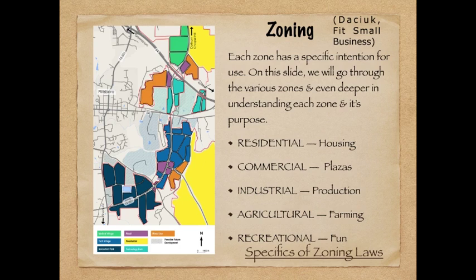And commercial is more along the lines of plazas where people come to seek out various things such as offices, shops, or places to purchase things. And then we've got industrial, which is the process of producing your items or exporting your items.